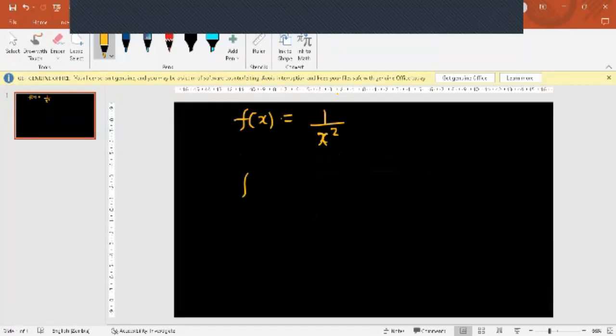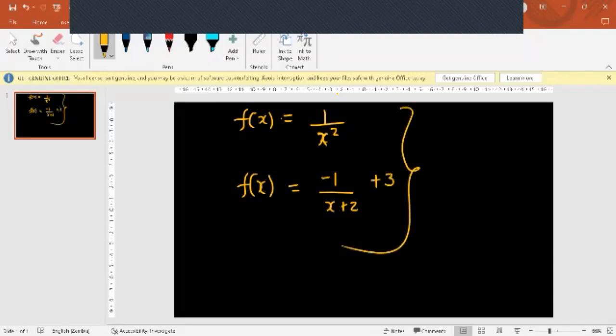Try the other one as well: f of x equal to -1 over x plus 2, then plus 3. You can try out these two and see the shape that it's going to give you. Try out these and you can send them to me. Then I can take a look at your graphs.